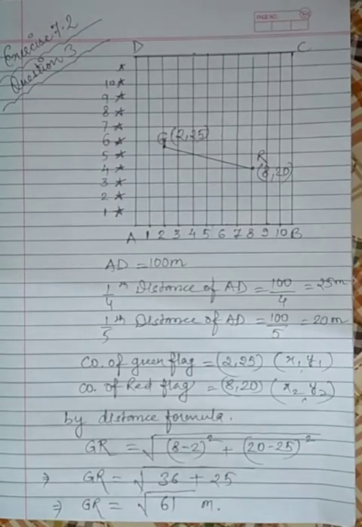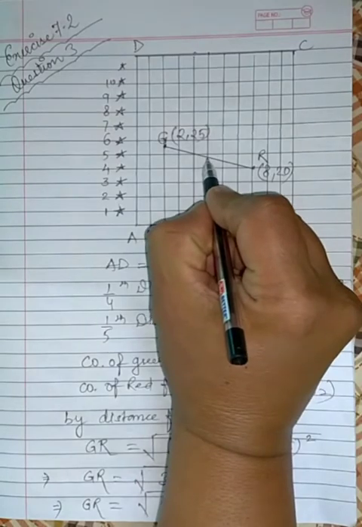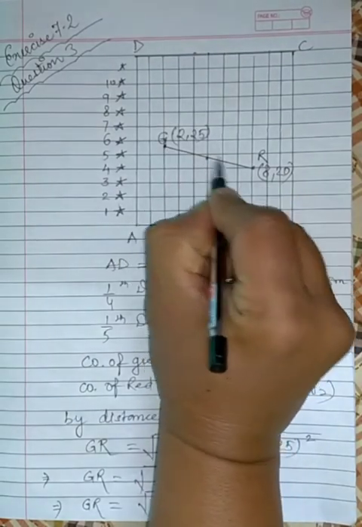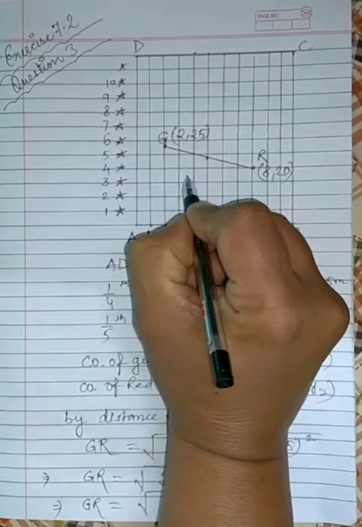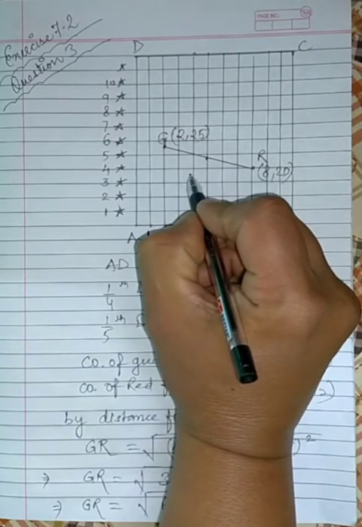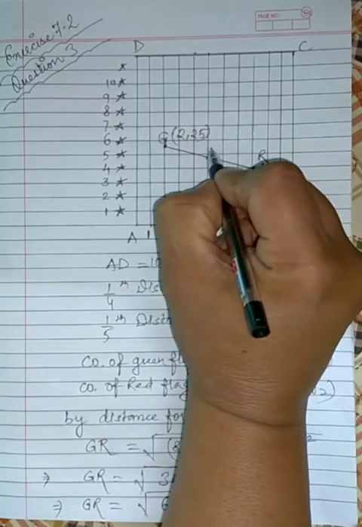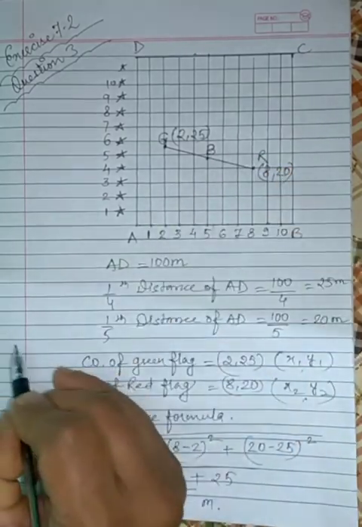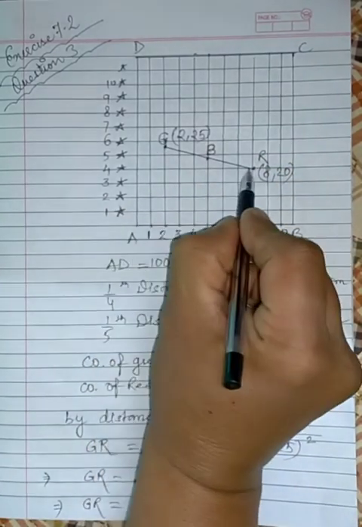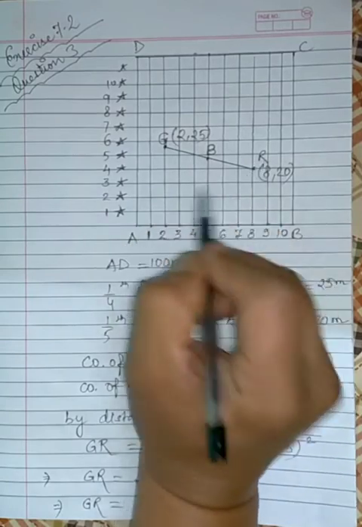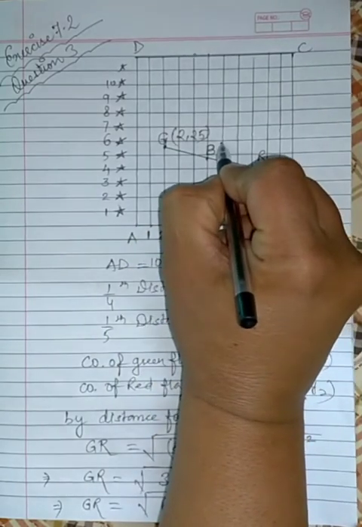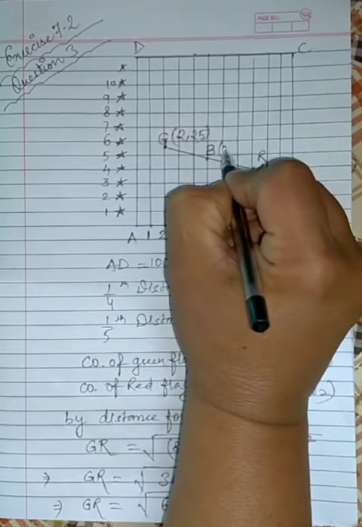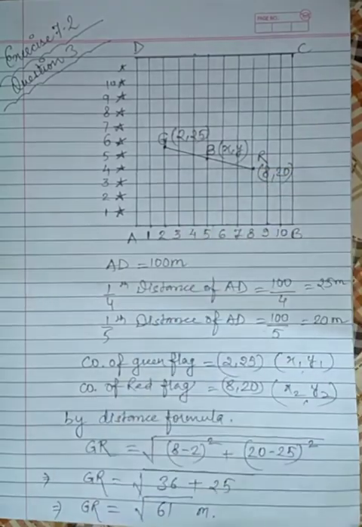Now let's find out where Rashmi has to post a flag exactly between these two flags. So suppose she is posting a blue flag exactly between G and R, green and red, let the coordinates of the blue flag be x, comma, y.